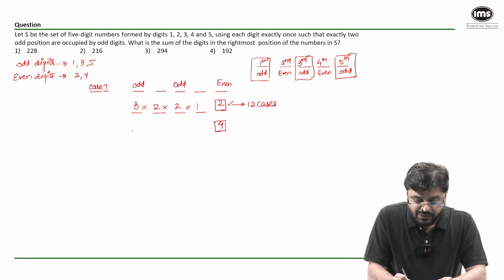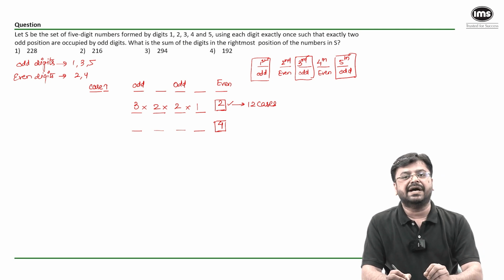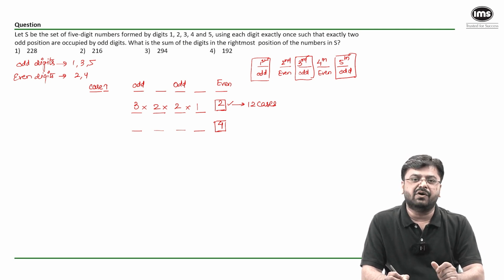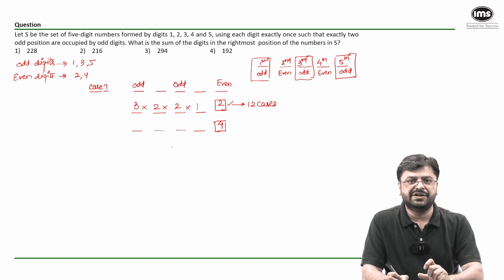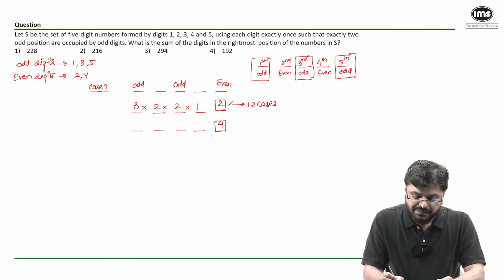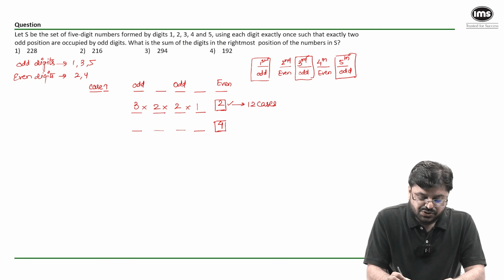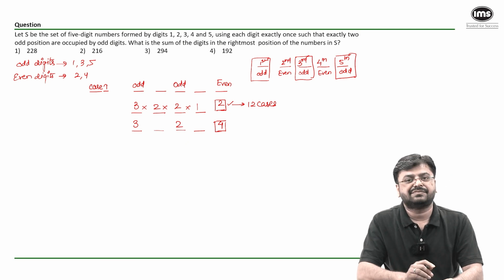Same way, if you look at the case where you're placing 4 at unit place, that means you have already occupied one of the odd positions with the even digit. So what we'll be doing here, again, these 2 odd places can be filled with the remaining 3 digits in 3 into 2 ways.